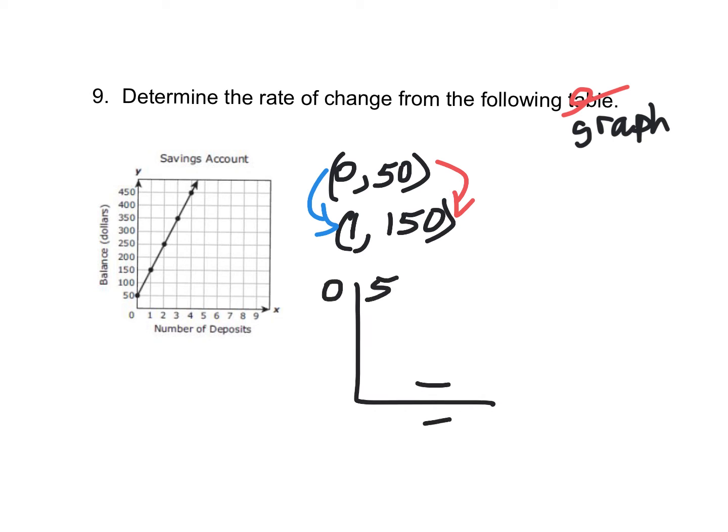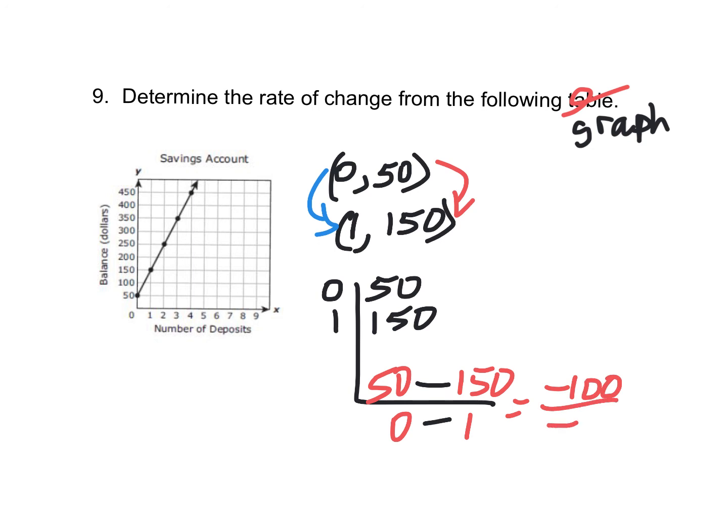We're going to slide those in place and subtract them, so we have 50 minus 150, and we have 0 minus 1. And when we work this out, we get negative 100 over negative 1, and of course that equals 100.